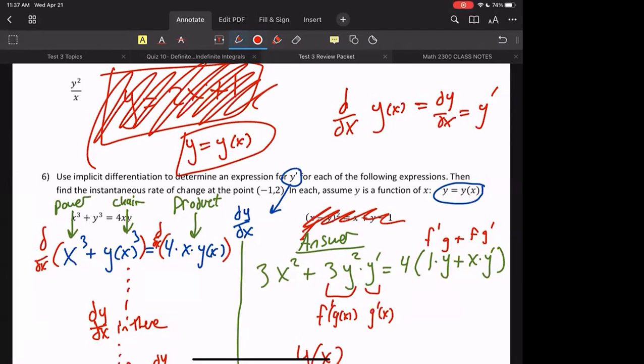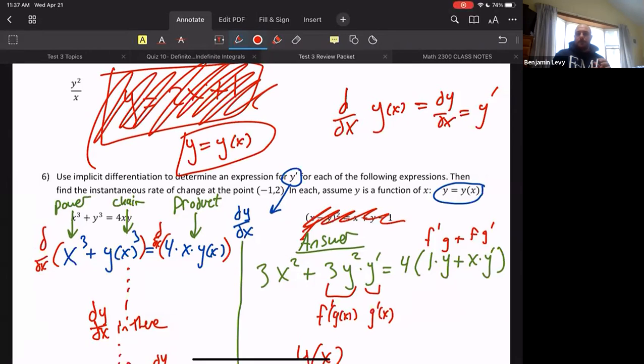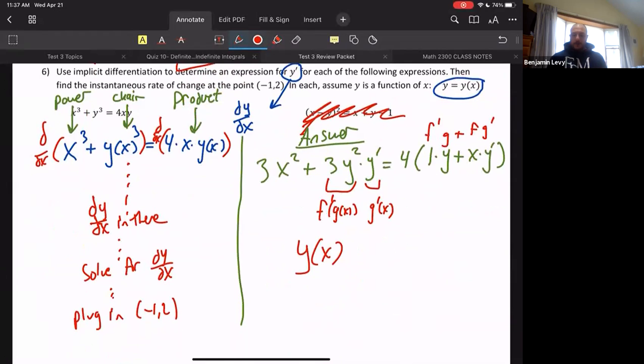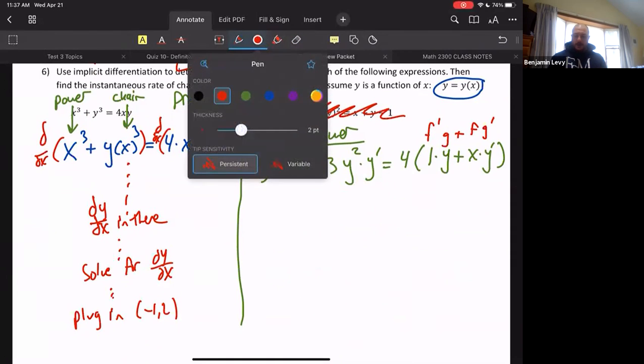And now we take the dy over dx. So now we're trying to isolate all the y's on one side, right? Yeah, that's the next step. All right. Other questions about the derivative part? Right, so now we're trying to group, let me erase some of this stuff, trying to group the y primes together.